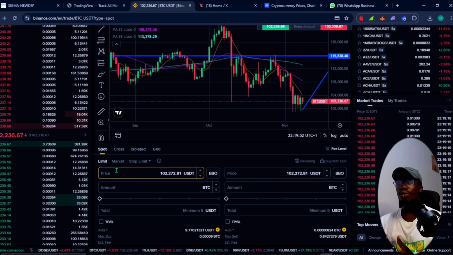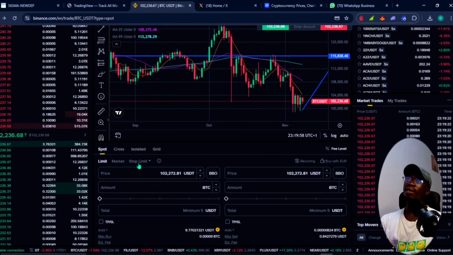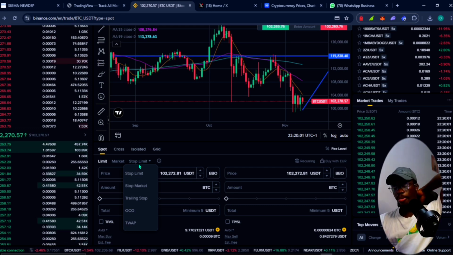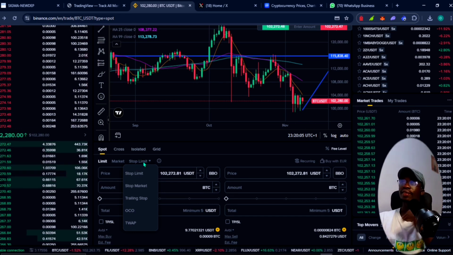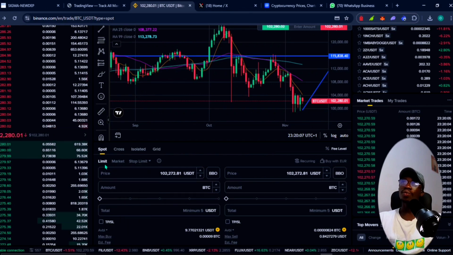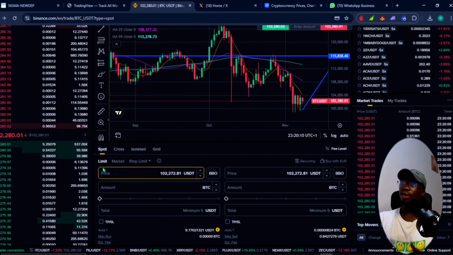Now, talking about orders, there are three main types of order. We have the limit order, the market order, and the stop limit order. There are many other ones, but we're just going to deal with these three, right? I'm going to explain what the limit order, the market order, and the stop limit mean, but I'm going to start with the limit order.